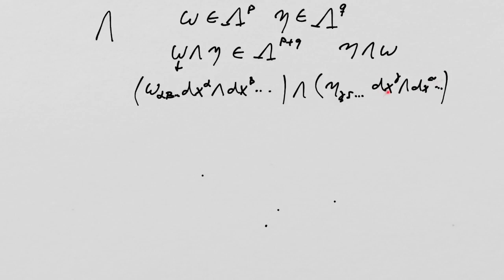And I see that if I'm going to take this dx gamma and I'm going to move it to, say, the front, I'm going to have to interchange it with dx beta. Well, I'm going to have to interchange it with every one of the one forms in this string of p long, and finally interchange it then with beta, then with alpha, and finally it'll get out front. And that's going to require p interchanges.